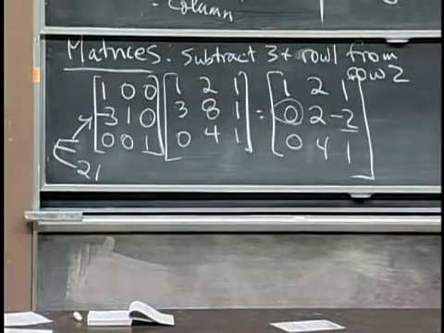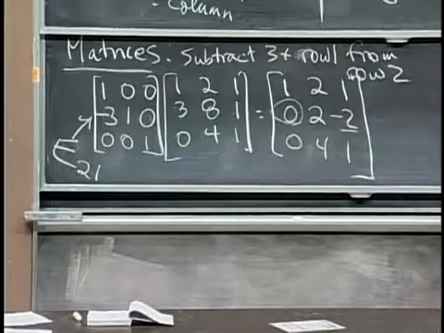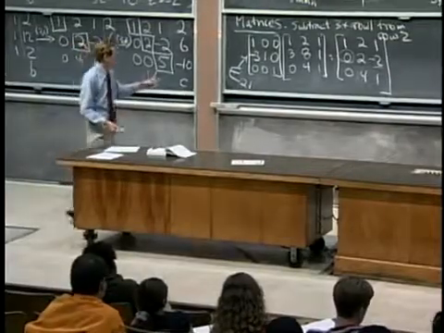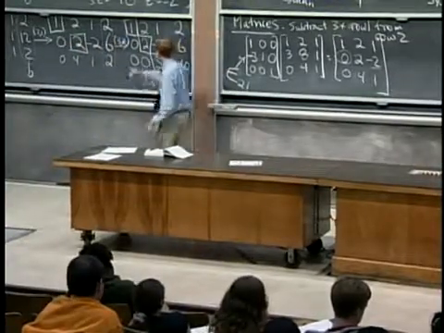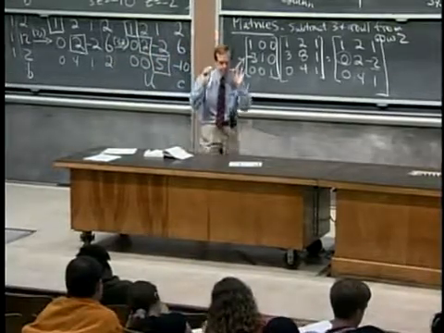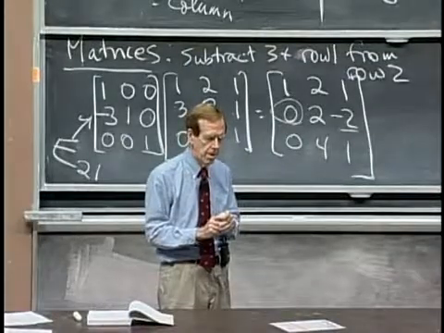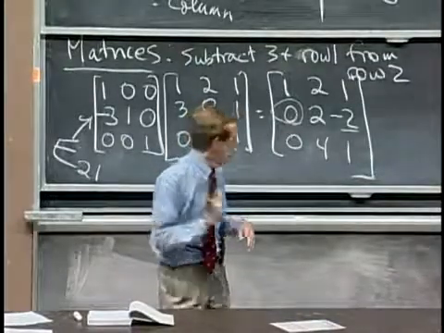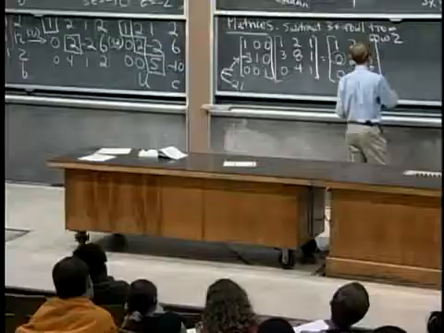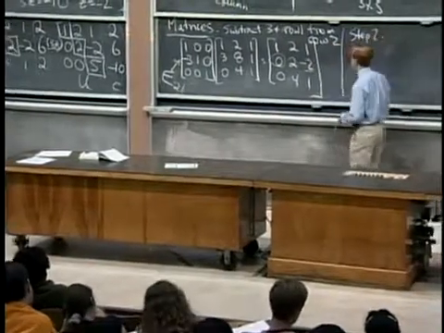Okay, good enough. So what do I do next? I need another matrix, right? There's another step here, and I want to express the whole elimination process in matrix language. So next, step 2, which was what?